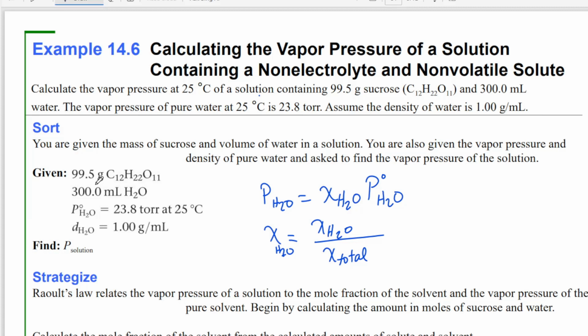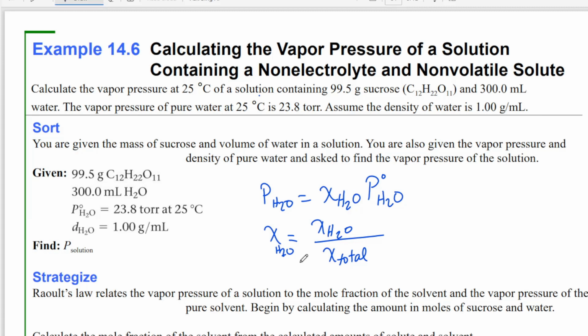So we're given the 99.5 grams of sucrose, 300 milliliters of water, the vapor pressure of pure water at this temperature, which we could have looked up in a chart, and the density of the water. So what we need to know here is the vapor pressure of the water is equal to the mole fraction of water times the vapor pressure of pure water.